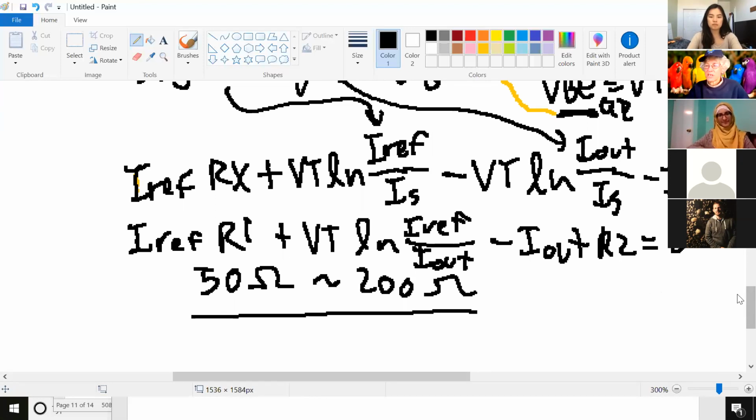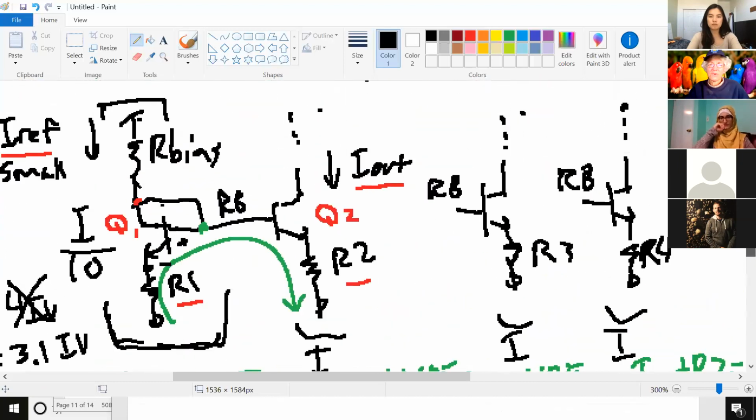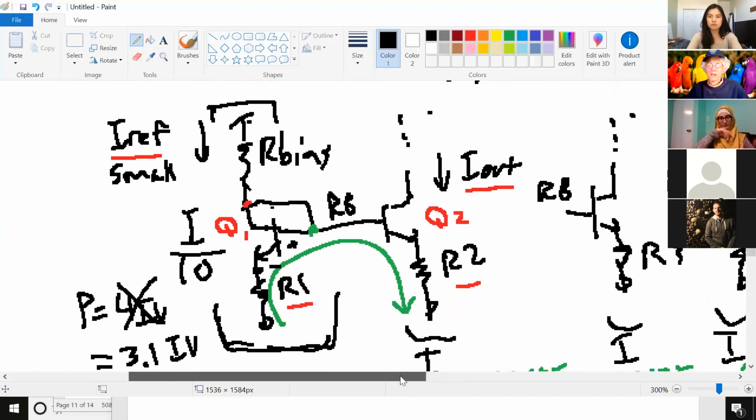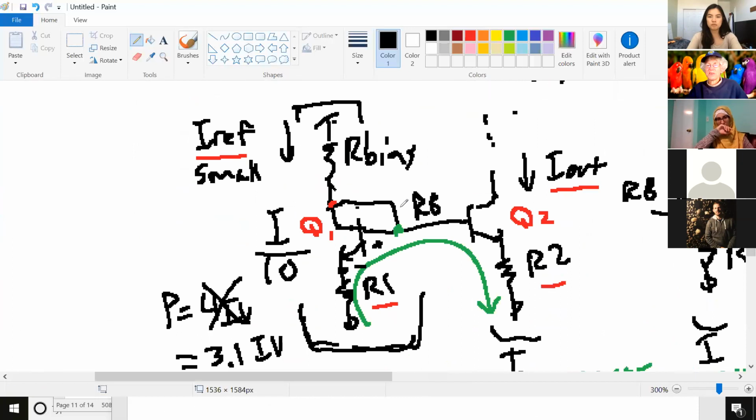So just as a review, all of this stuff that we did here was all to set a default current through your amplifier. So you say, well, wait a minute, if I have an amplifier, I'm going to want to amplify some signal.